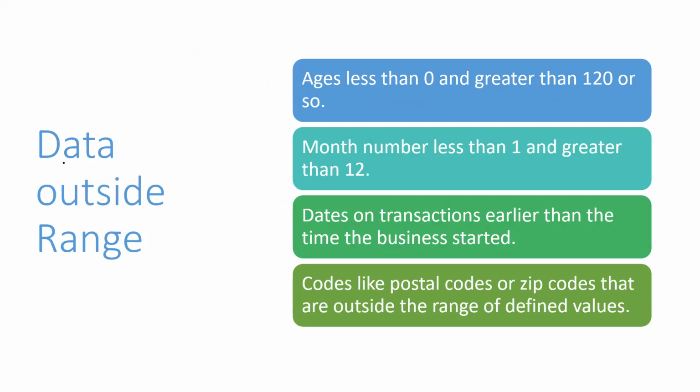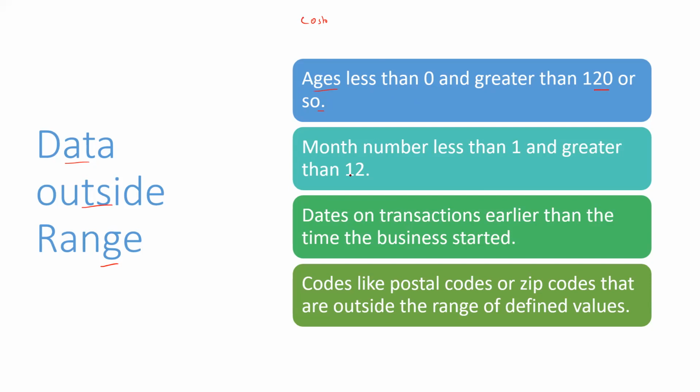Data can be outside of range. For example, I have customer data that has age information. We need to be careful that age does not cross 120 or so; if it crosses 120, that is outside the range.